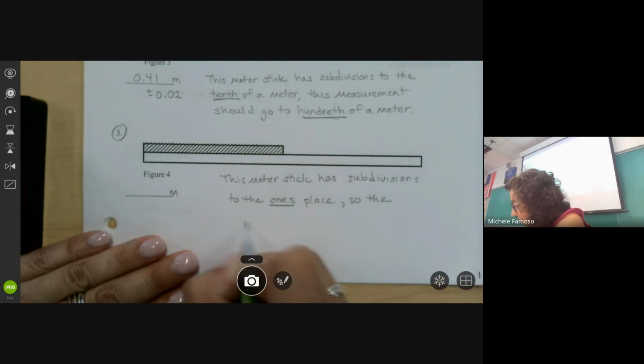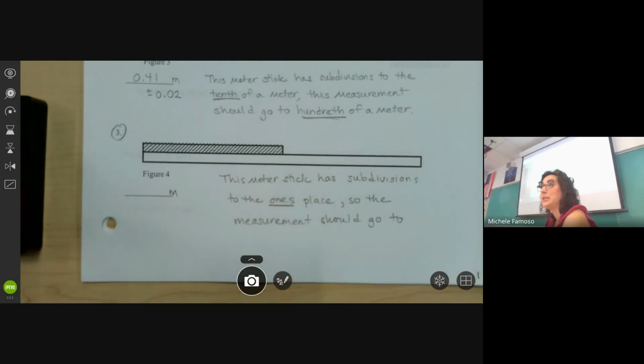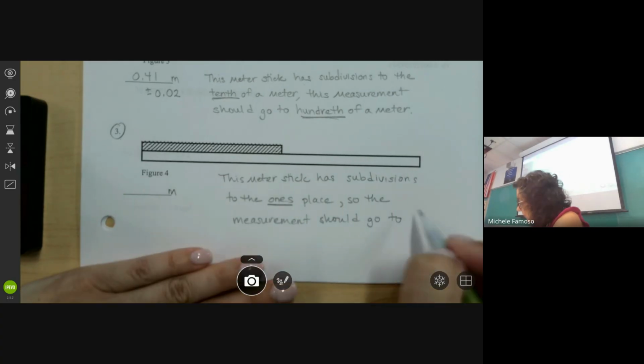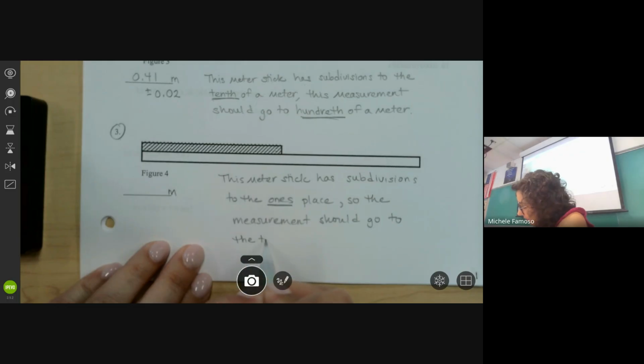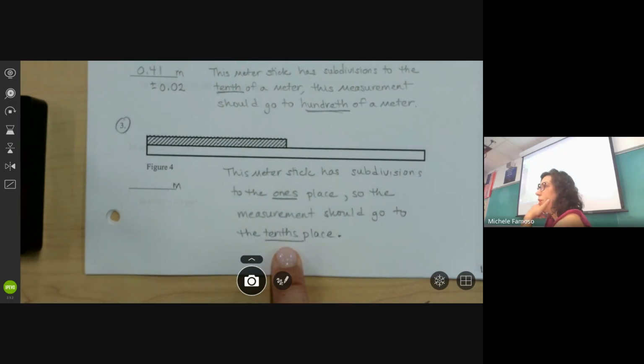So the measurement should go to what? That's right, to the tenths place. All right, so what do we think the length of this is? It's got to go to the tenths place. What do you think?